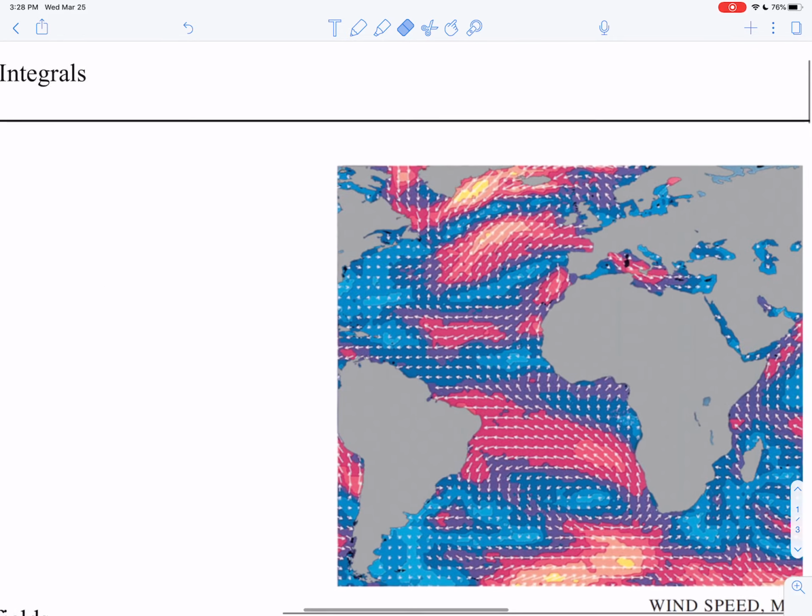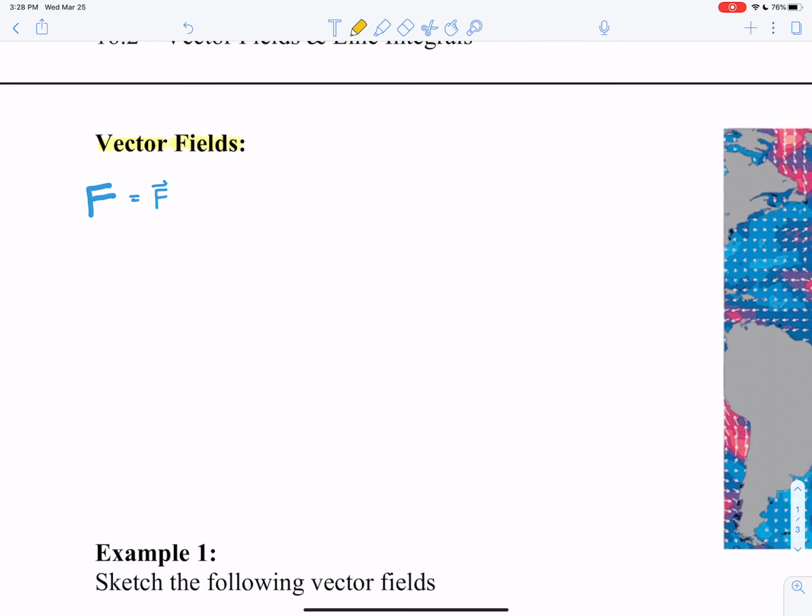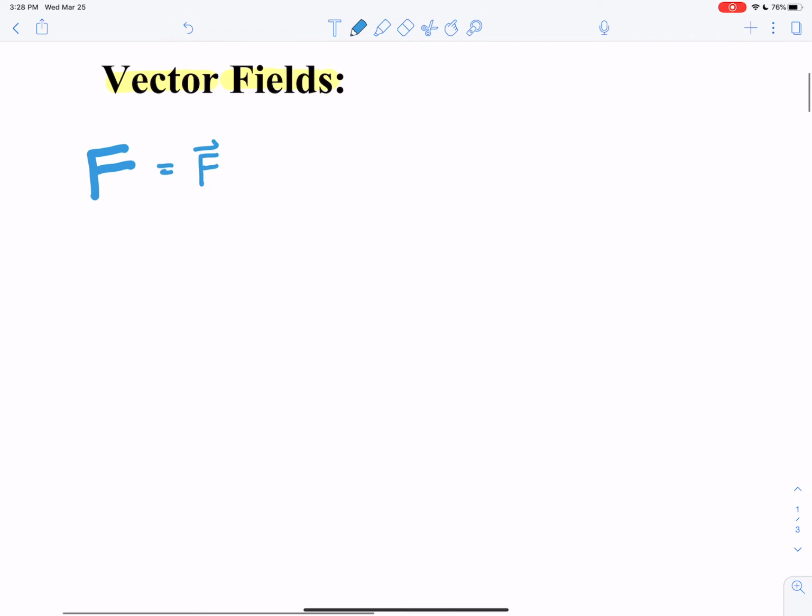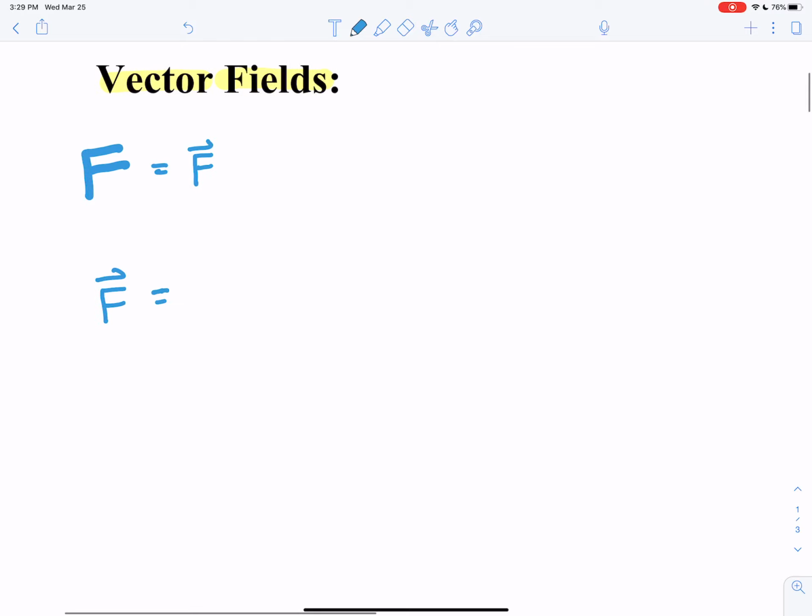A vector field can be written generally like this. A vector field F, big F with a hat on top, would be represented as some function, maybe we'll call it F, in the i direction, plus some function G in the j direction, and some function H in the k direction.